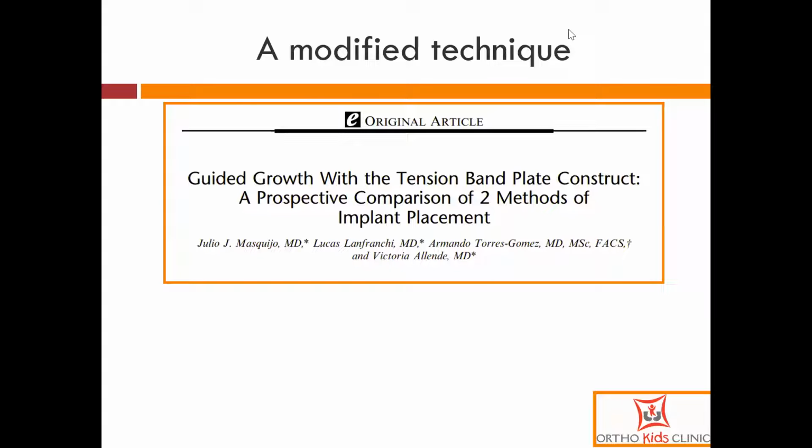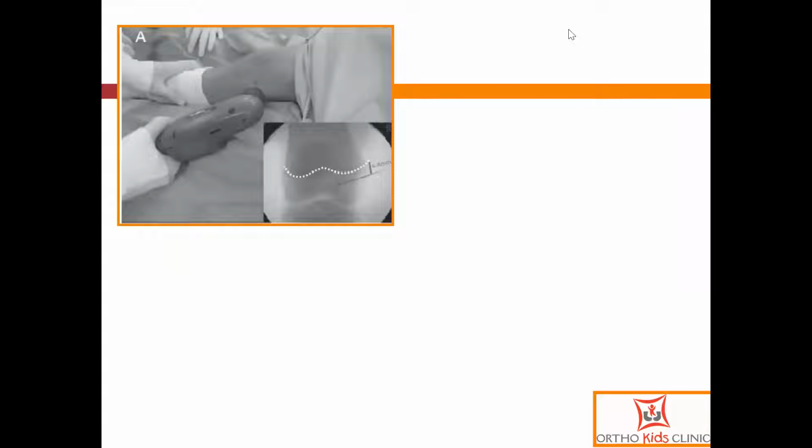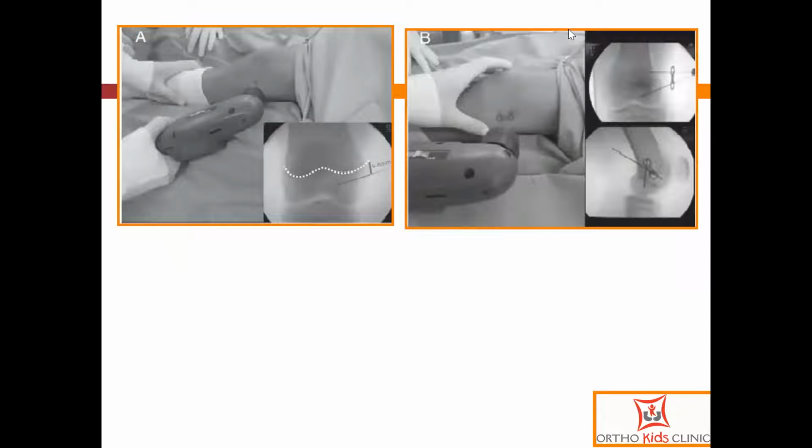A modified technique has been described recently by Dror Paley, and there's one paper from Argentina which compares the conventional technique described by Peter Stevens and the one by Dror Paley. So what they do here, they do not put any wire into the physis. Sometimes putting a central wire through an undulating physis is difficult, but they put a wire into the epiphysis. Then they put the plate over the skin, and they put the second wire. Now, these wires need not be parallel, they can be a bit divergent, that is okay.